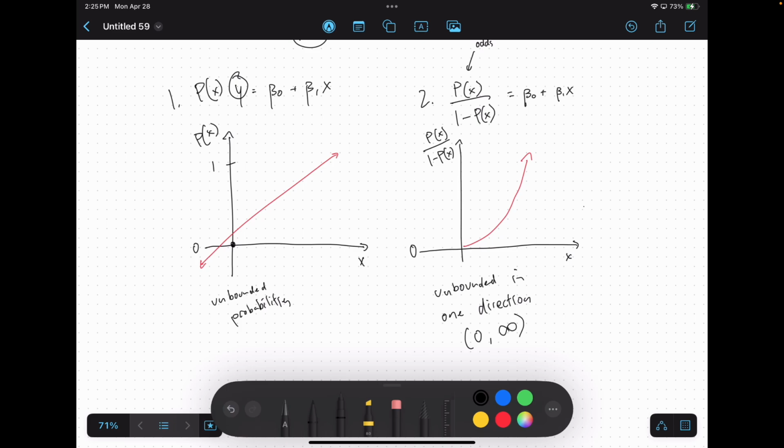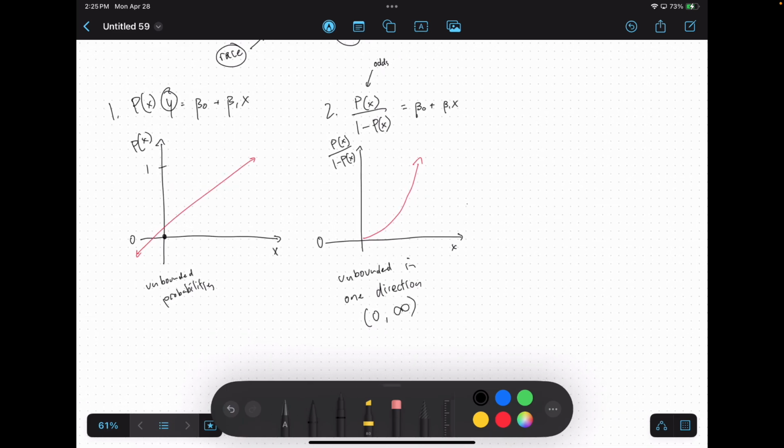So in this case, we're getting a little bit closer, and you still have an issue that you are unbounded in one direction. But you are limited in the other.